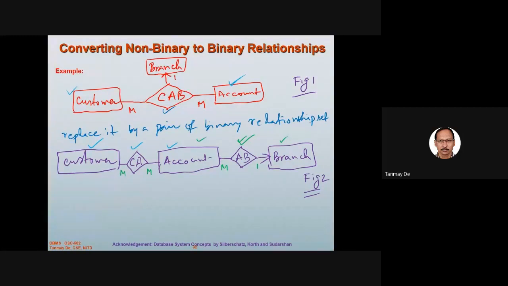That fact is also reflected here. The account is associated with at most one branch. That is, an account is associated with a single branch. And if we consider this side and this side, that is the customer and account, the customer can have any number of accounts, and an account can be held by any number of customers. That is, a joint account is possible.